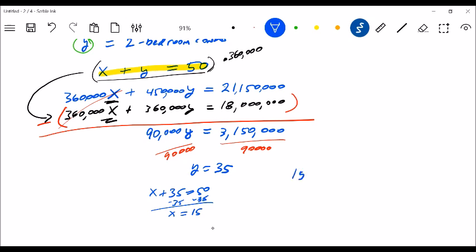So that means we have 15 of the one bedroom condos. In fact, I'll write it with the words: one bedroom condos. And we have 35 of the two bedroom condos.